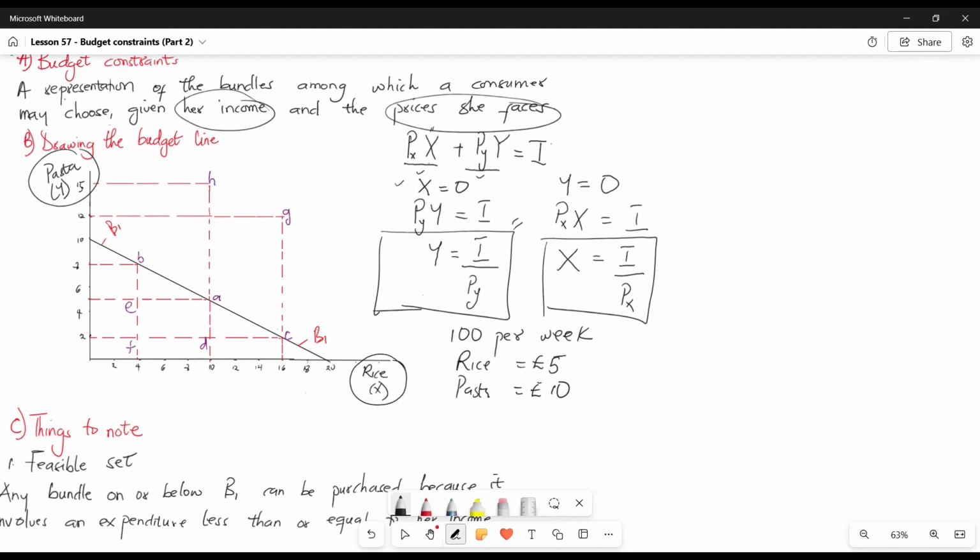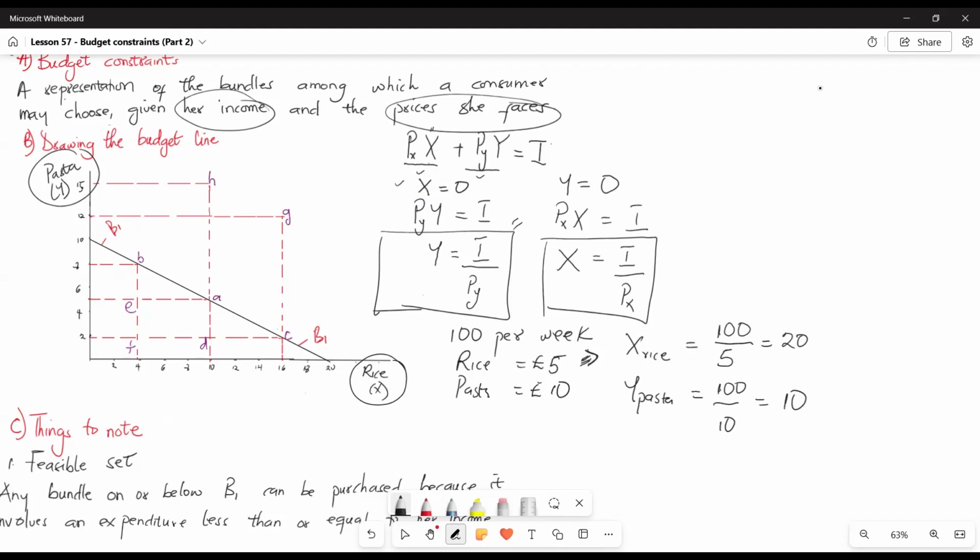Using these two conditions, since rice is good X in this case, the maximum amount of rice that a consumer can buy if they do not buy any pasta at all is the income, which is 100, divided by the price of good X, which is 5. So this is 20. And the maximum amount of good Y, which is pasta, that Ella can buy if she does not buy any good X is 100 divided by the price of good Y, which is 10. So this brings us to 10.